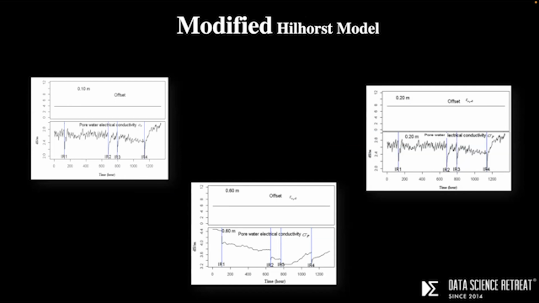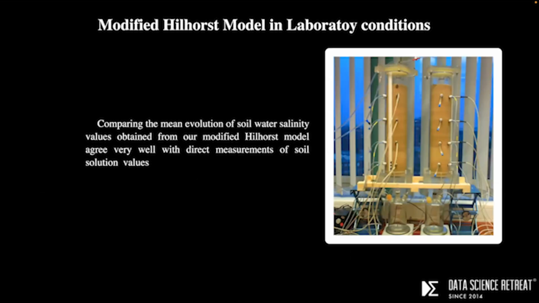Here I put R1, R2, R3, which are the times when the farmer irrigates the field, and we can see that when the farmer irrigates the field, the salinity decreases. I also repeated this experiment under laboratory conditions here at the University of Berlin, and I found that the findings from this model agree very well with the direct measurement of the salinity.